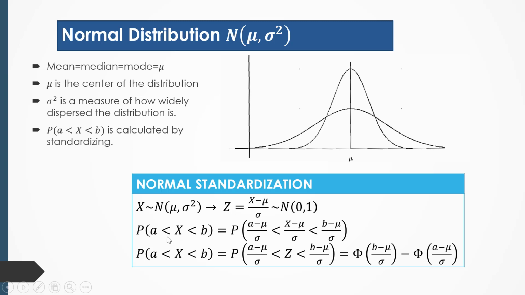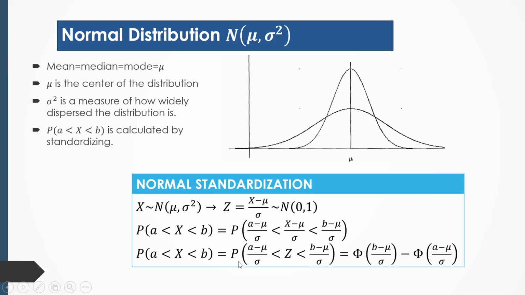And to find the probability of a less than x less than b, how we standardize is basically we subtract mu from all 3 sides of this inequality, and then divide all 3 sides by sigma. So we have a minus mu over sigma less than x minus mu over sigma less than b minus mu over sigma. And don't forget, x minus mu over sigma here is z, so we renotate it as z.